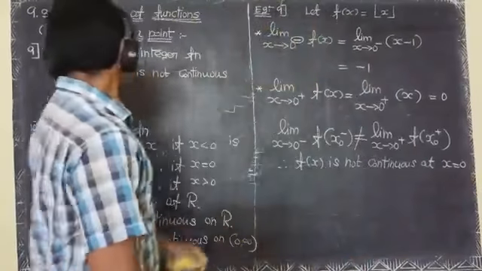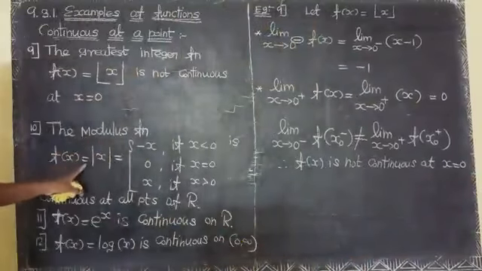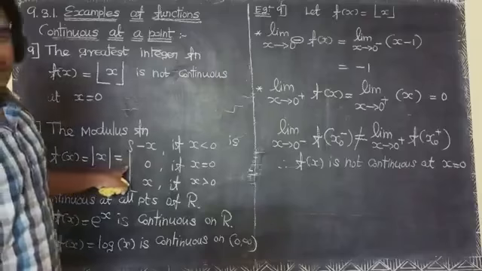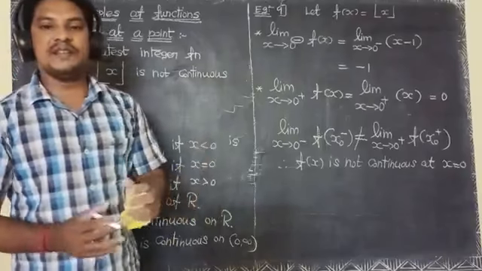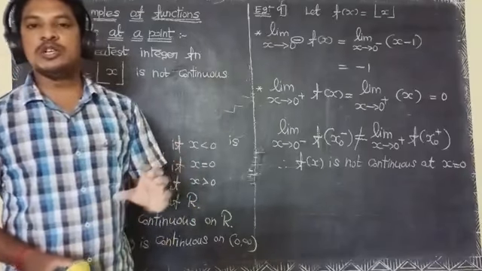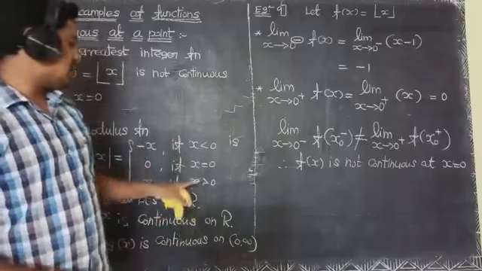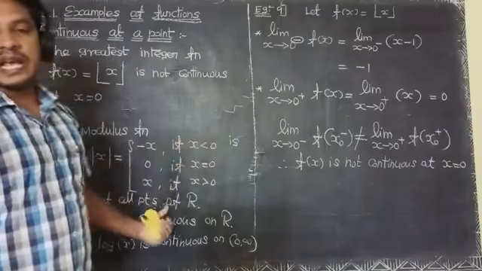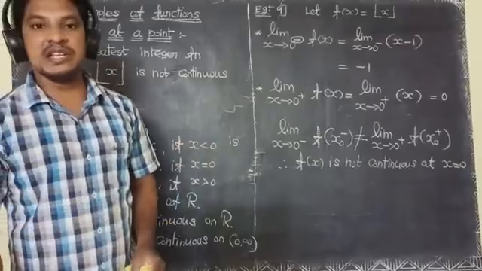Next one, the modulus function f of x equal to modulus of x, which is equal to minus x if x is less than 0, equal to 0 if x equal to 0, and plus x if x is greater than 0.